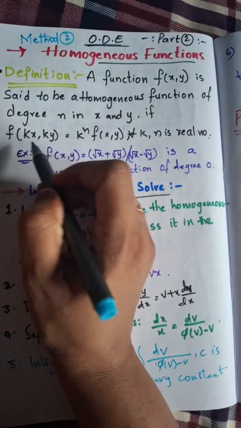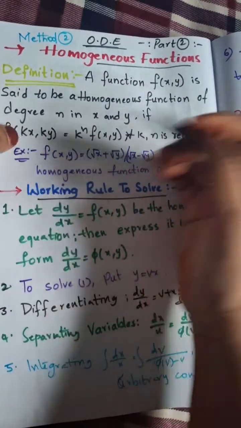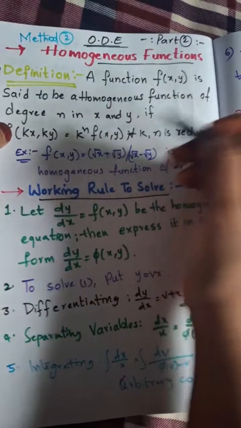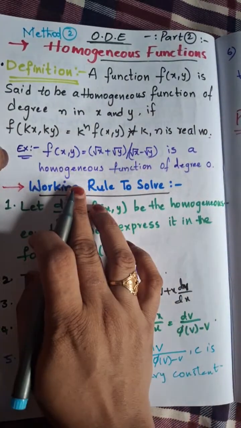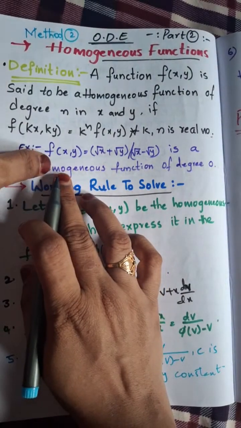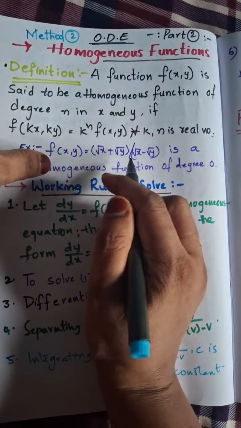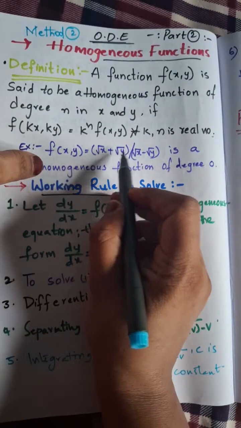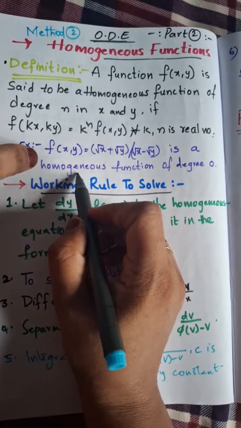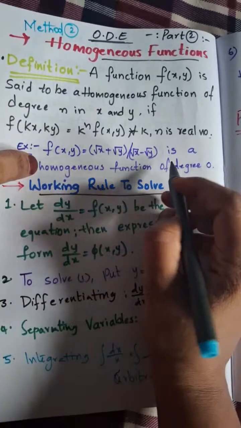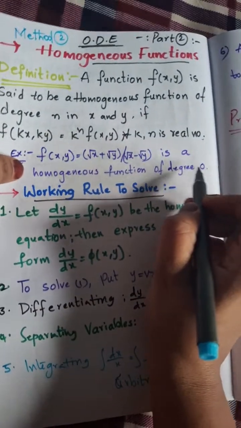In this way we have to see whether a given function is homogeneous or not. For example, the function f of x comma y equals root x plus root y by root x minus root y is a homogeneous function of degree 0. How?